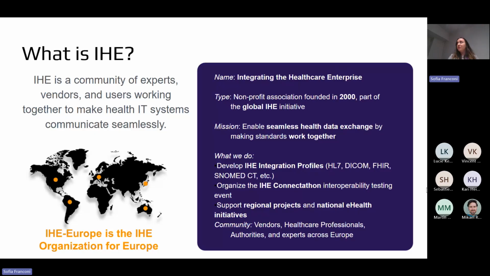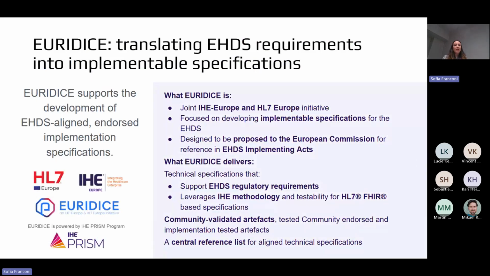And we support different projects, regional projects, like the EU project that Argyris presented, and some others. So we are present all around the globe, but I'm representing just one in Europe. Not that long ago, one year ago, we created Eurydice, which will support the development of implementable specifications for EHDS.